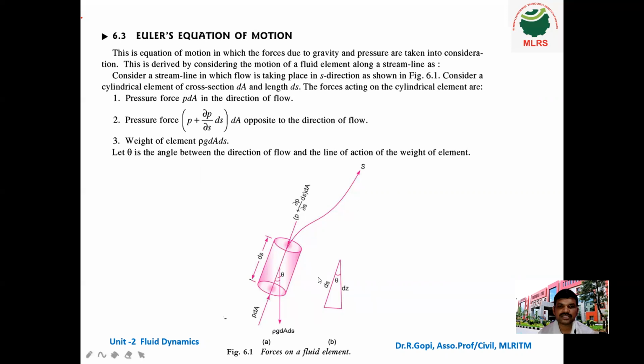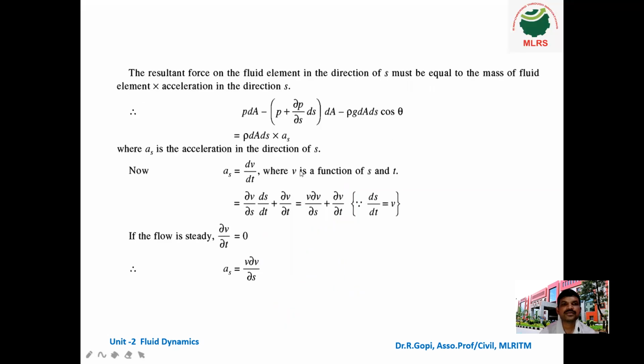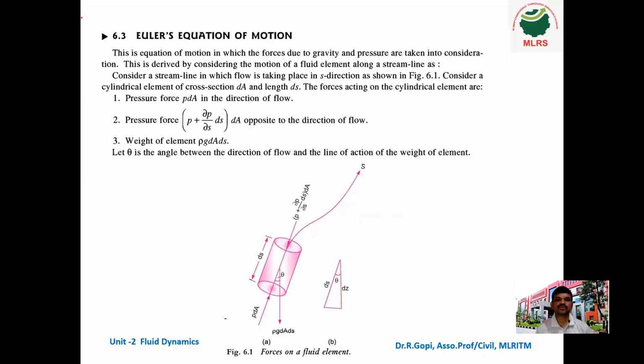Take this triangle. This is the theta value, and this is the ds length. Now the summation of the total force. This force is acting from downward to upward.